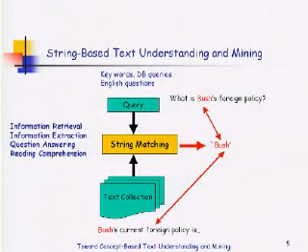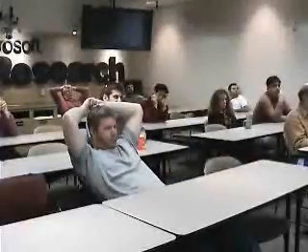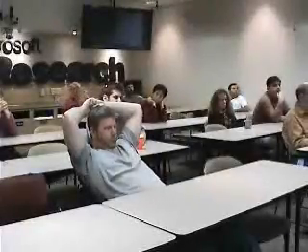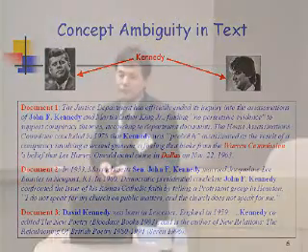One big problem is concept ambiguity in text. If we return information containing this string, we will return a lot of noisy information that is related to other Bushes instead of the Bush we are looking for. So there is a concept ambiguity problem in text.